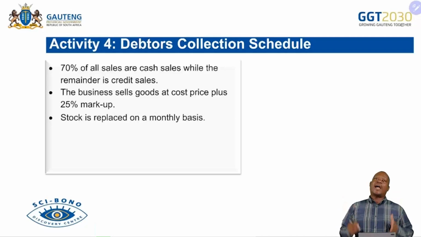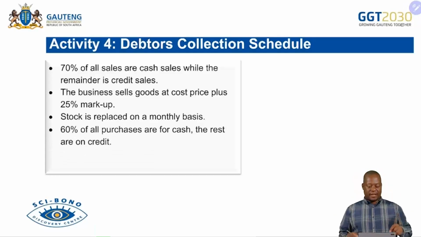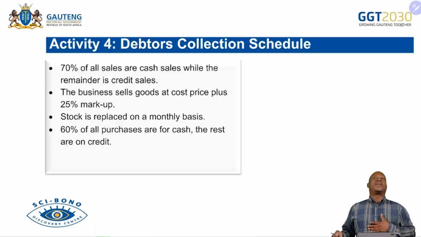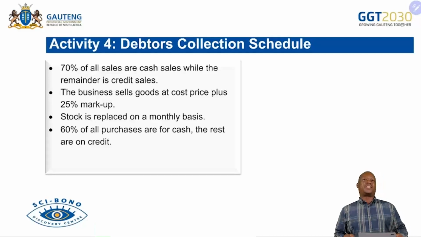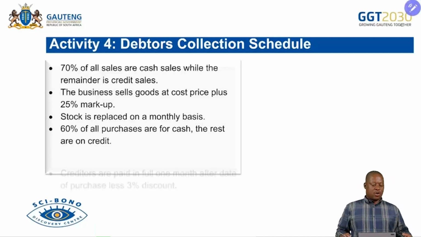And why are they telling us? Because there is a direct relationship between the sales and the purchases for every month. And then they are also saying 60% of all purchases are for cash, the rest on credit. So we know 60% of purchases is cash and 40% is on credit.